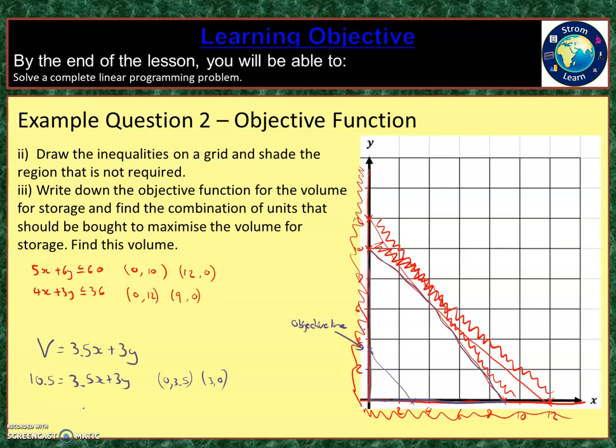If I had picked a different value for 10.5, I'm just going to get a parallel line. What I'm going to do is look at that line and move it, and for this it's quite useful to use a ruler, which is going to be slightly difficult this way. So I'm just going to come out of this for a moment.